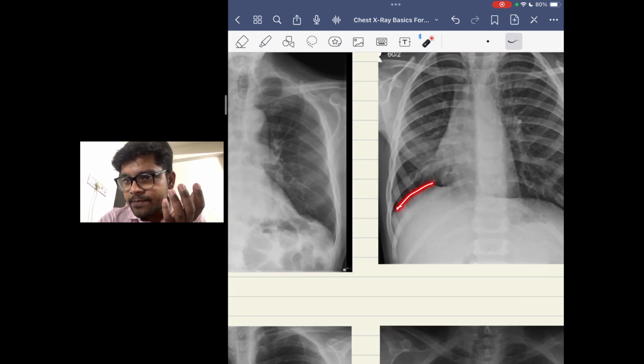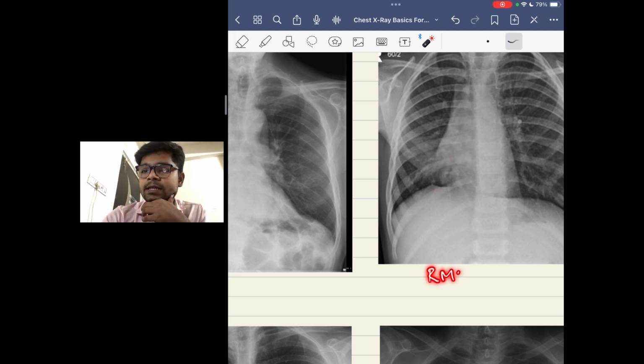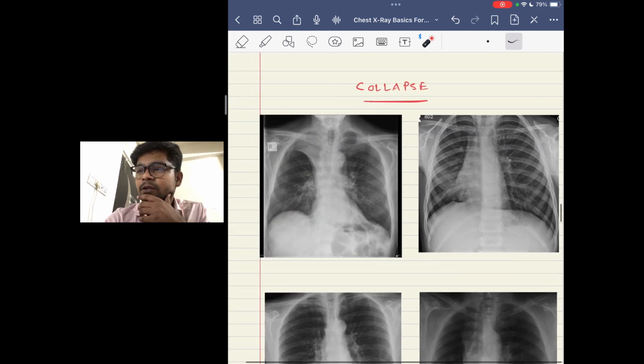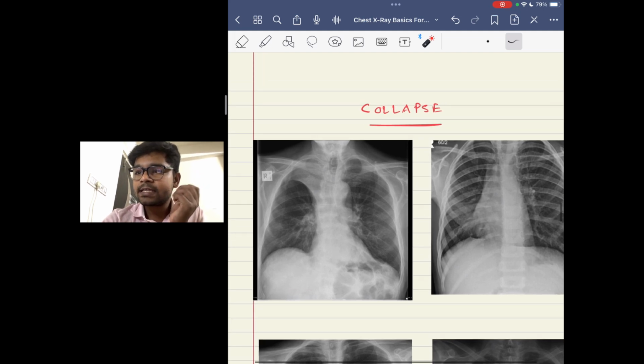And you see that there is a peak in the diaphragm, right? There is also the inferior pulmonary ligament which is being pulled, and this is the right middle lobe collapse. You can see that there is some evidence of rib crowding also when compared with the left side.